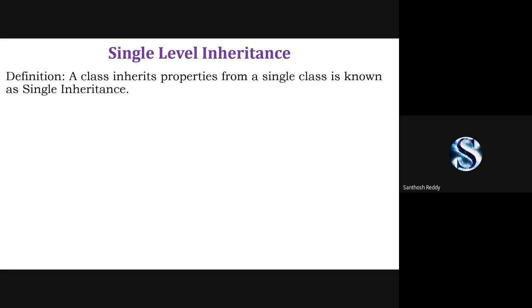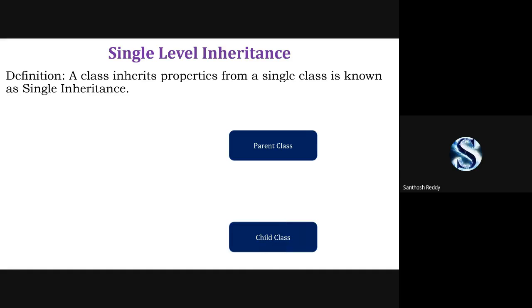Single level inheritance is nothing but where we are going to have only one parent and one child. We have a parent class and a child class. Whatever features we have in the parent class can be extracted by the child class along with its own features.